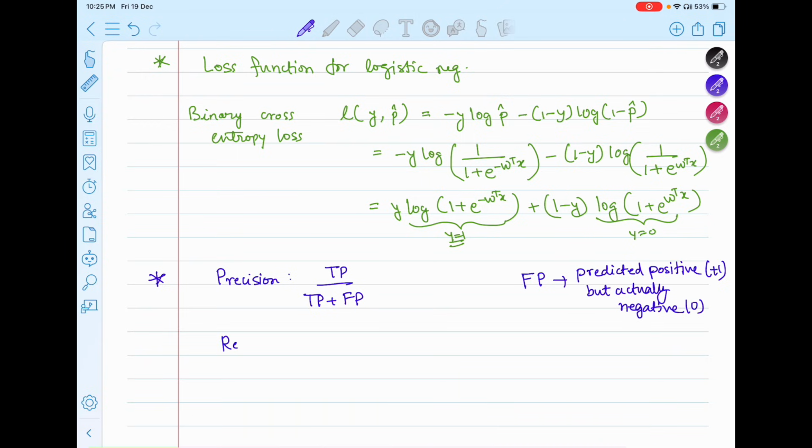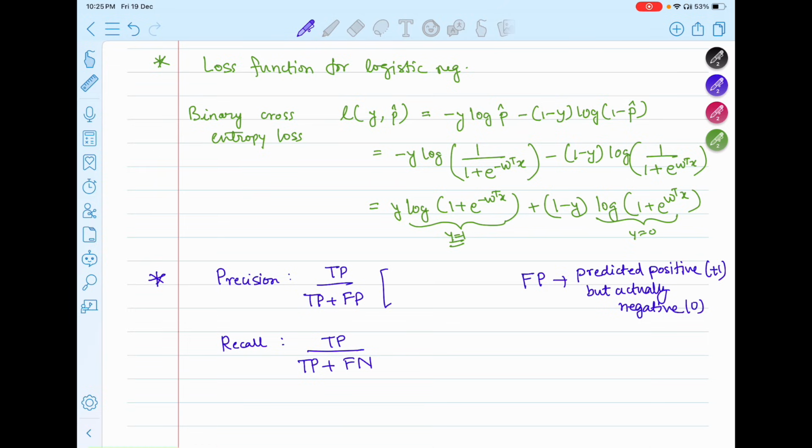Similarly, we have another metric recall, which is true positive upon true positive plus false negative. What precision measures is that out of the ones which are being predicted positive, how many of them are actually positive?